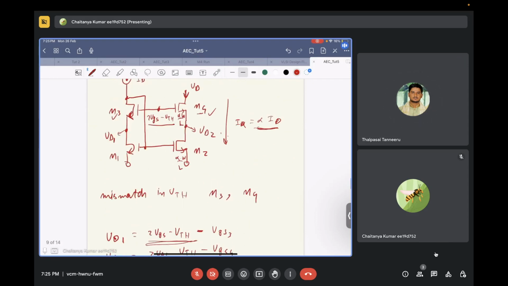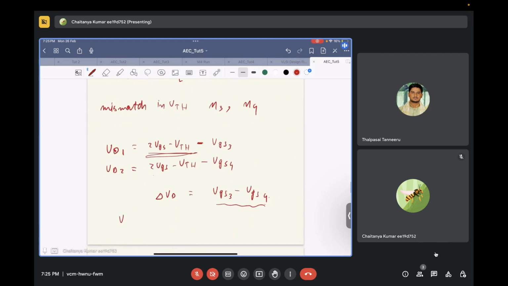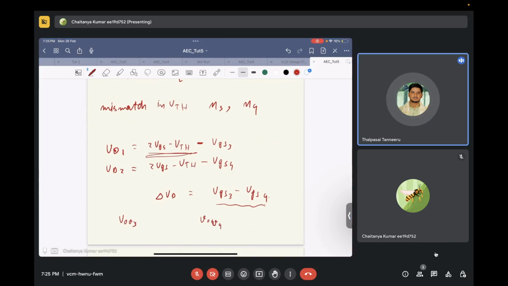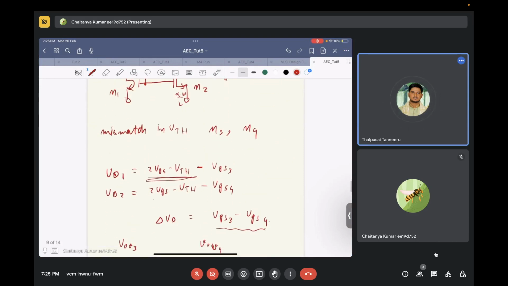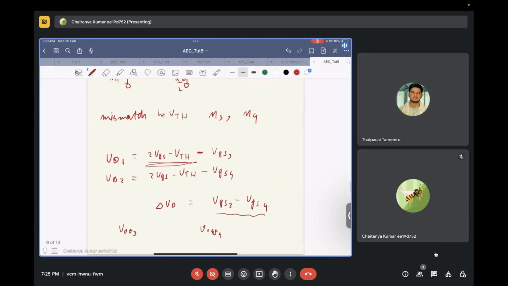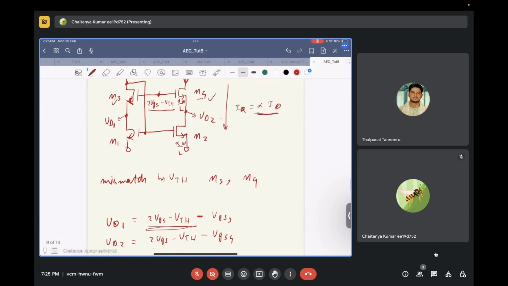Okay, what is the overdrive of transistor M3? Let's call the transistor M3's overdrive VOV3, and let's call the transistor M4 overdrive VOV4.